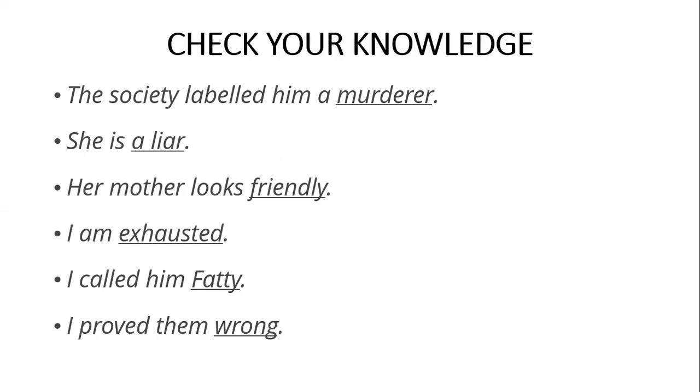I proved them wrong. I, subject; proved, verb; them, object. You have proven them what? You have proven them wrong. So the subject is there, the verb is there, and the direct object is there. So what does it mean?